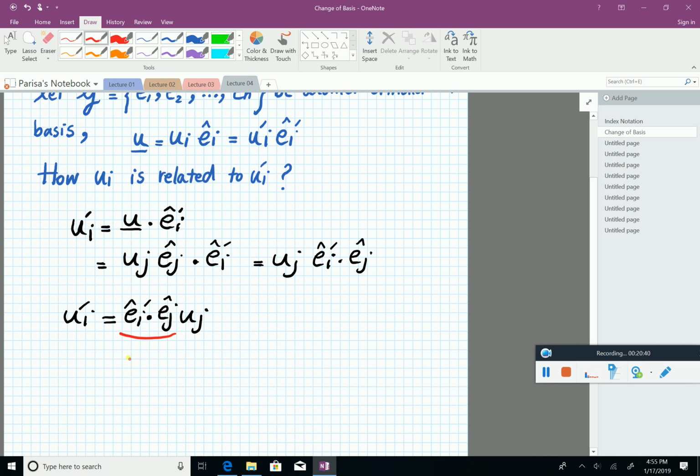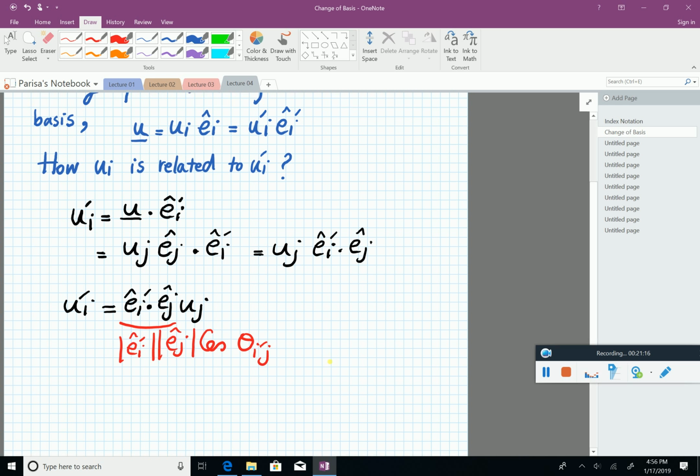You remember what the formula is? It's the magnitude of the first one times the magnitude of the second one times the cosine of the angle between them, and I show that with i prime j, like that. I think in the book it's cosine of e_i prime e_j, but this is a little bit shorter.